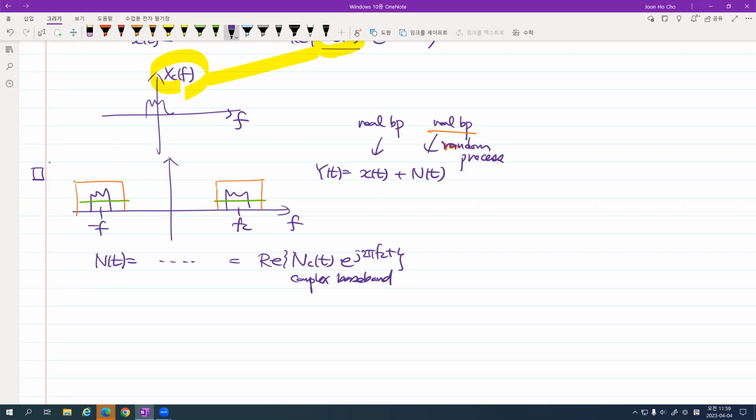Got it? And now, the last part. Suppose n(t) is a Gaussian random process, wide-sense stationary.